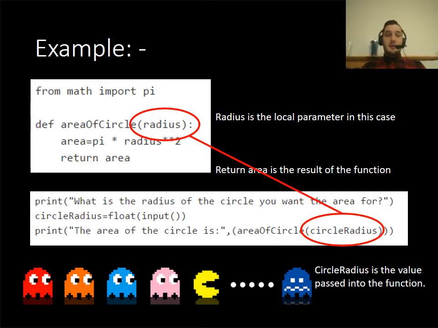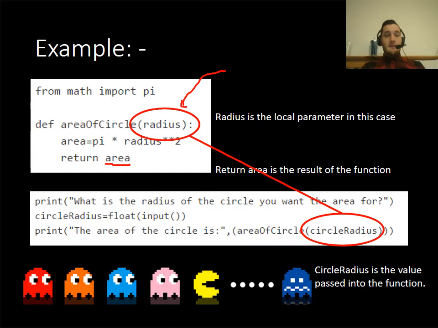What you can see here is we've got our function and it returns a value called area. We've created our function called area of circle, and what we've got is a value that we can pass into it called radius. This value has been passed into it when it's been used down here.